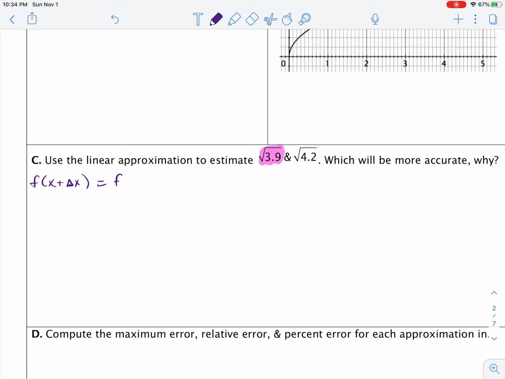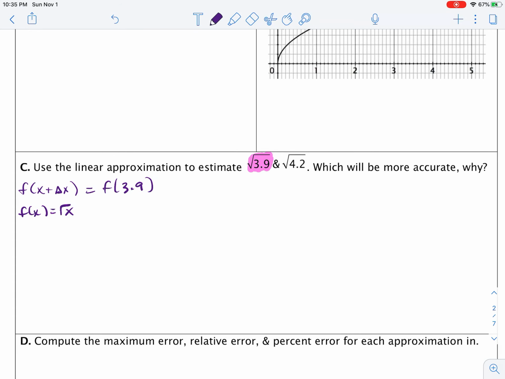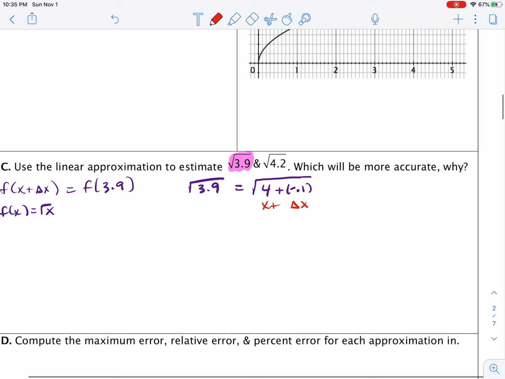If I want to say that my f of x plus delta x is going to be my f of 3.9, where my f of x is going to equal the square root of x, I can write this as the square root of 3.9 equals the square root of 4 minus 0.1. And if that is my x plus delta x, I can see that my x is going to be 4, because 3.9 is really close to 4. So we always want to pick something that we can easily calculate.